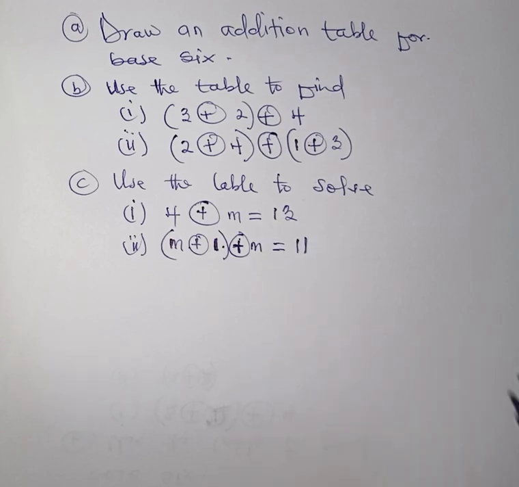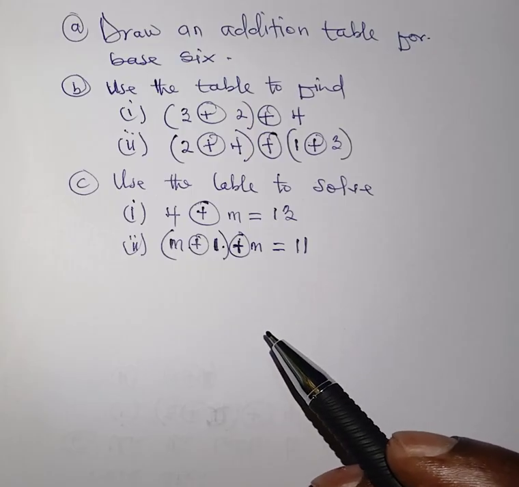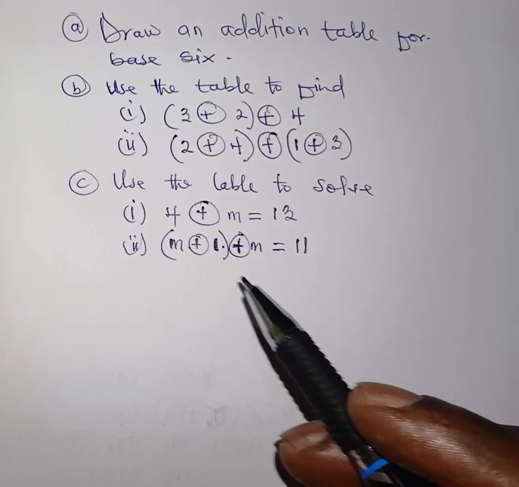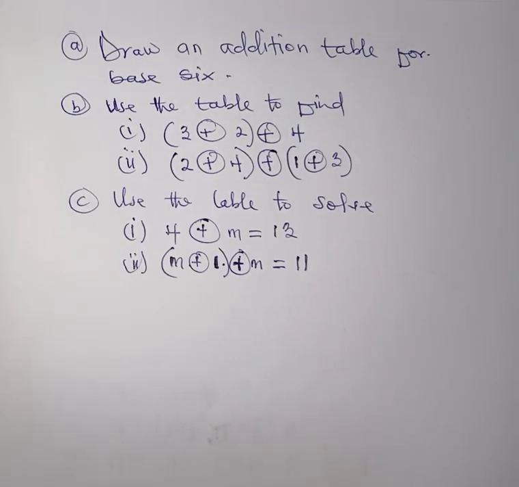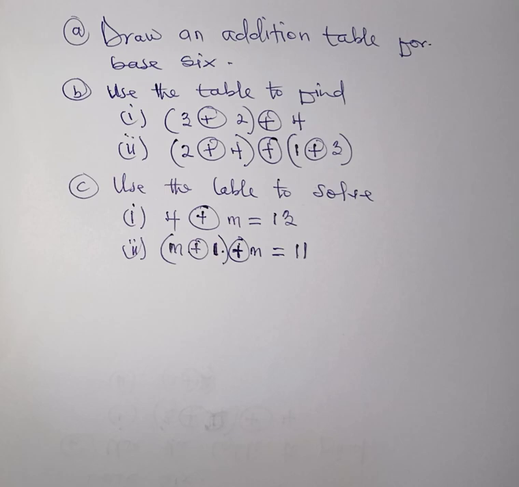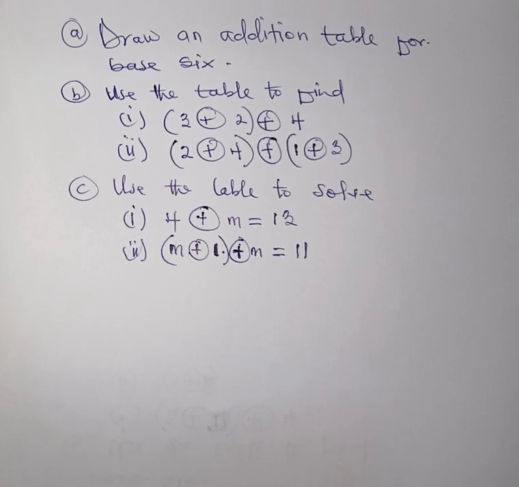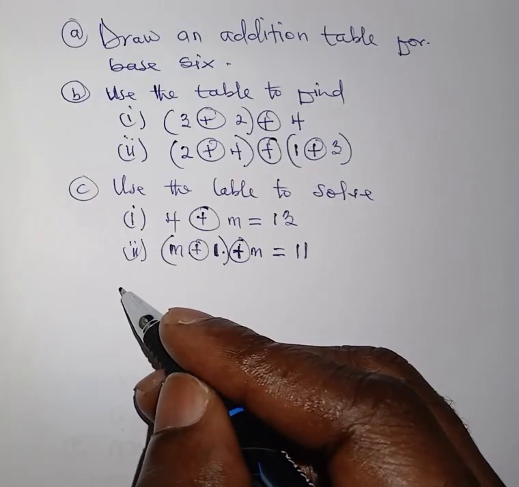So as I said, when you are asked to draw an addition or multiplication table, there are times that the set may be given to you, so you don't need to write another set. Whatever is given in the question, that's what you use. But in this case, there is no set given, but we are given base 6, so you have to write the set yourself.